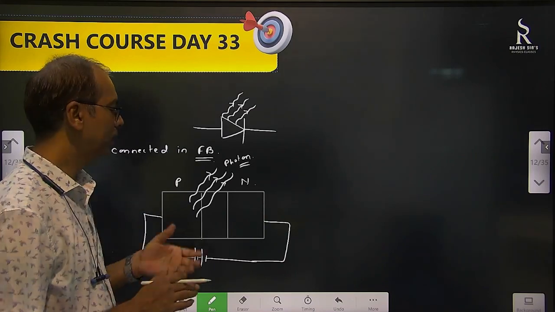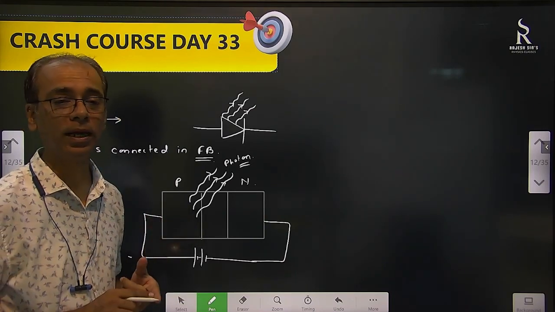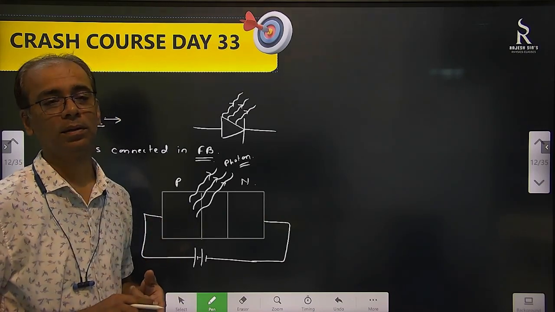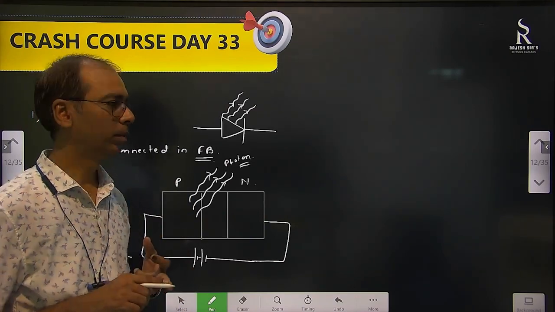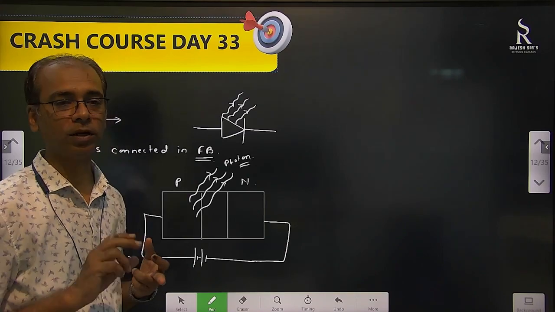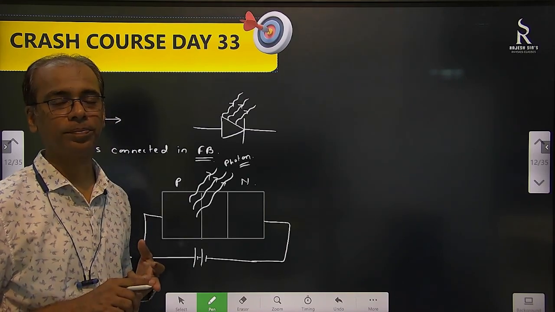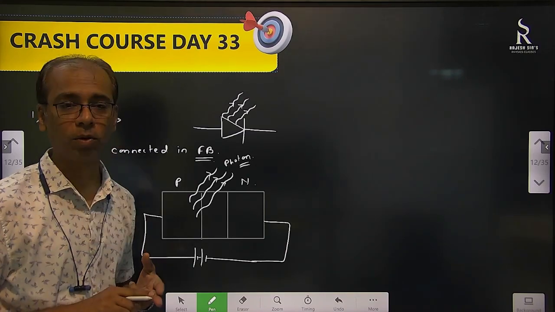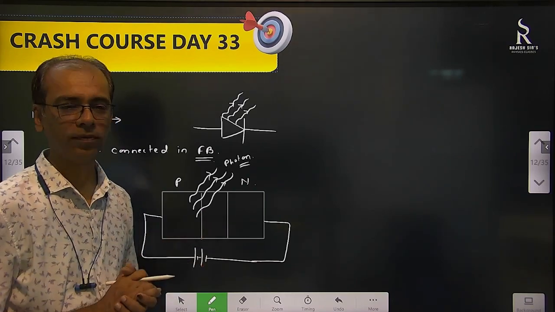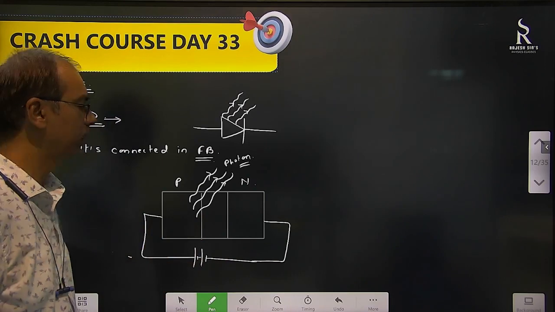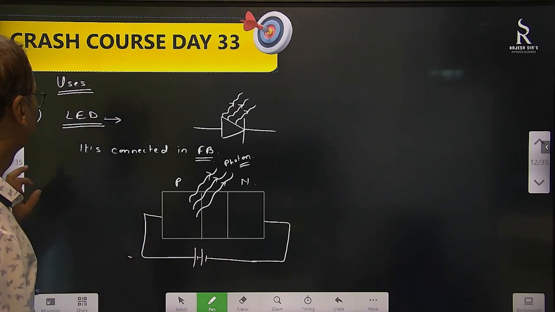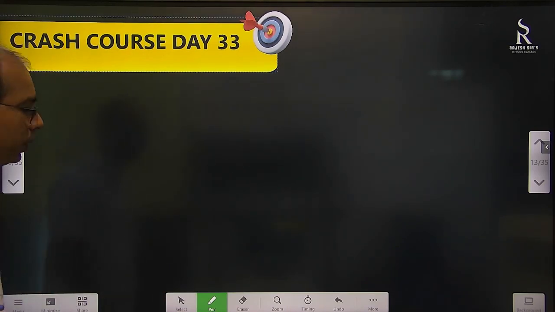But LEDs are immediate, very light, reliable, can even work under less voltage and fluctuation of voltage also. And durability is more. So these are all advantages of LEDs over a normal bulb. Okay, this is LED.